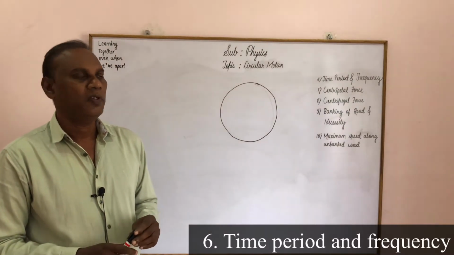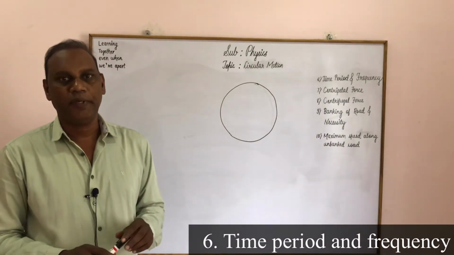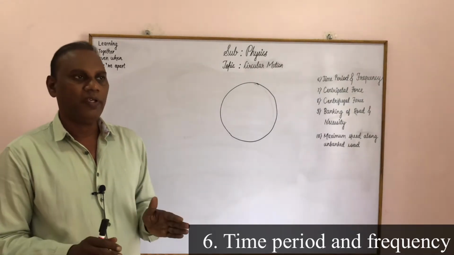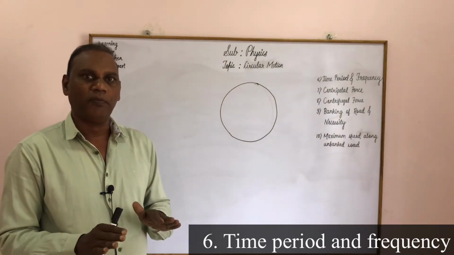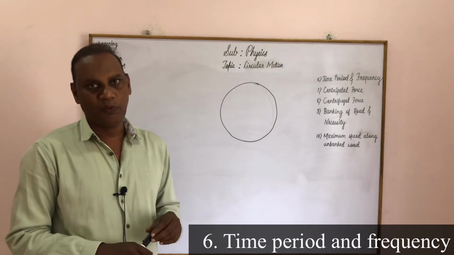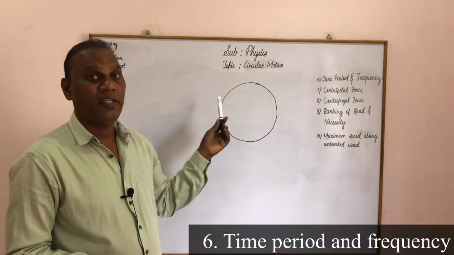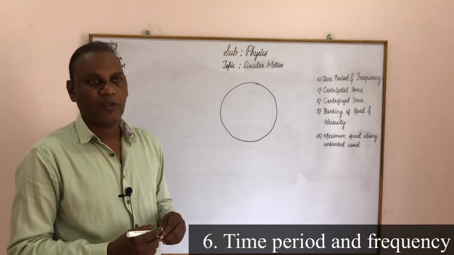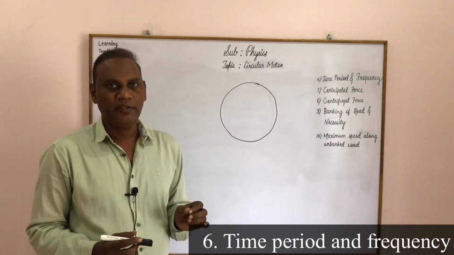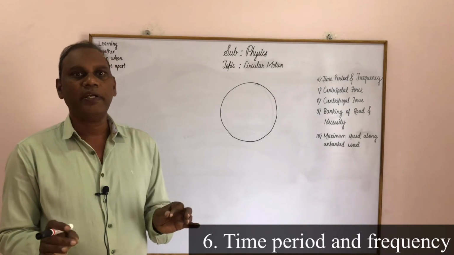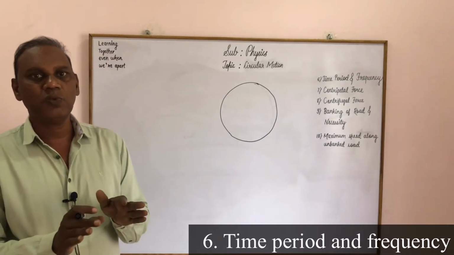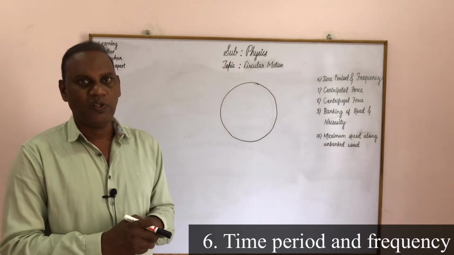Today we discuss the time period. When a particle performs uniform circular motion, it moves with a constant linear speed. In one revolution, it covers a distance equal to the circumference.